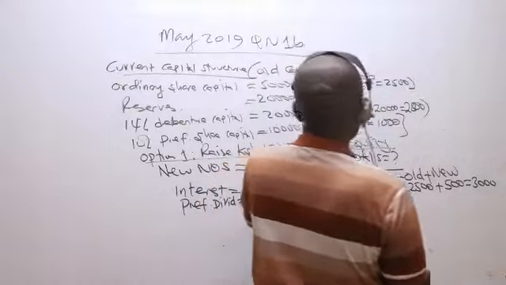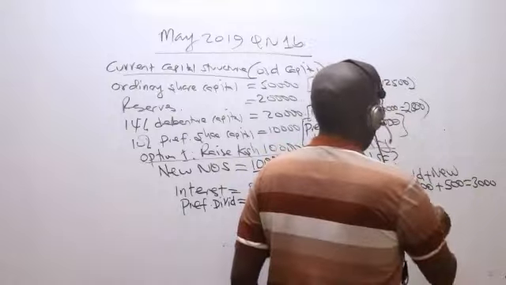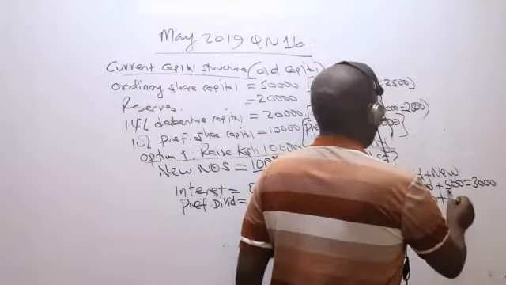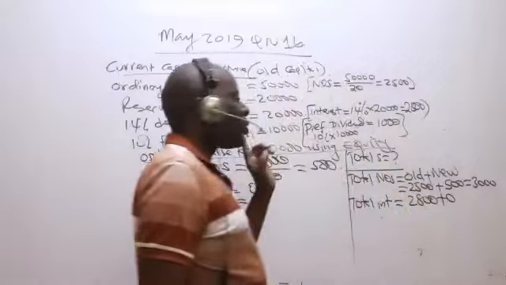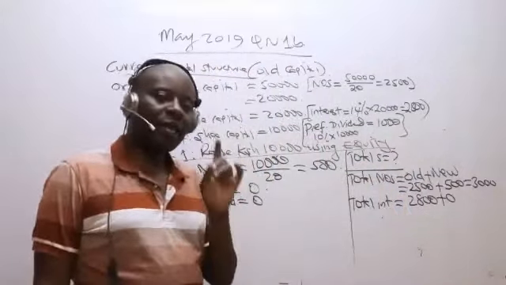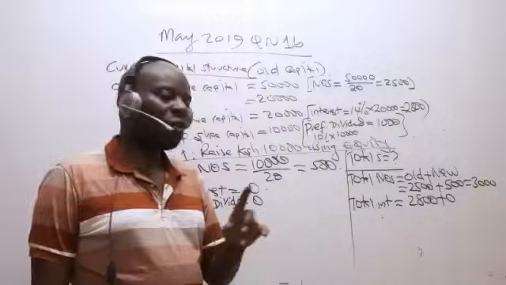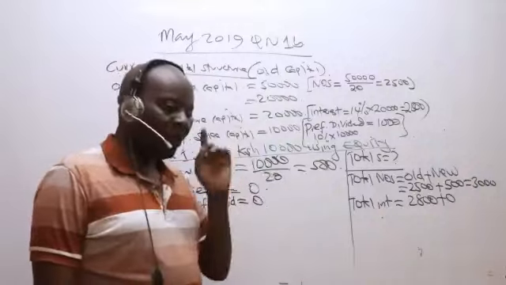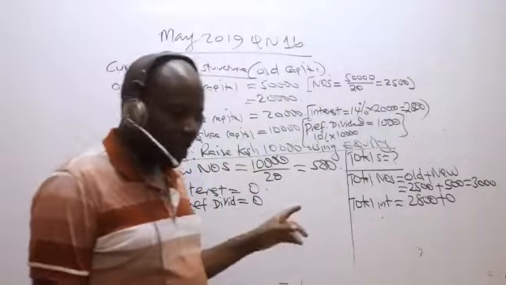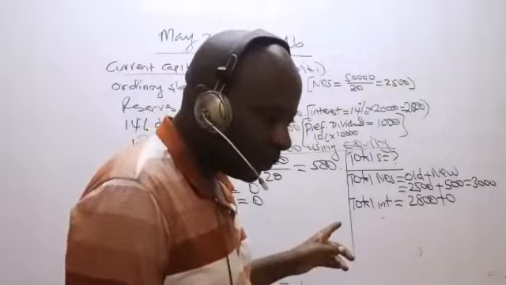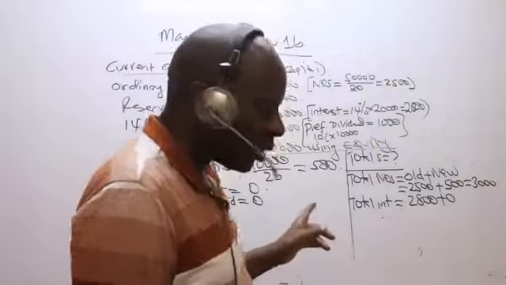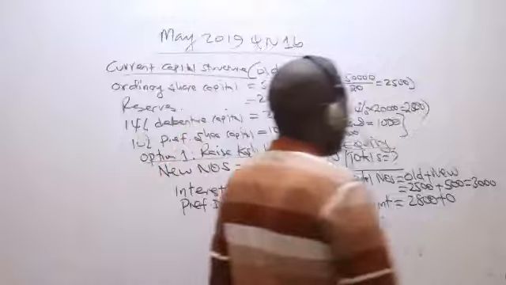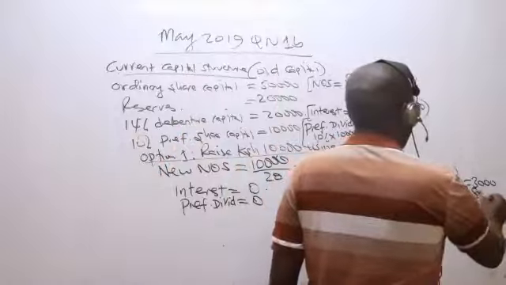So old interest here was 2,800. The new, in this option number 1: if you are going to use option number 1 to raise capital, then interest, as you've seen here, will be 0. So in this case, 2,800 plus 0 gives me 2,800.